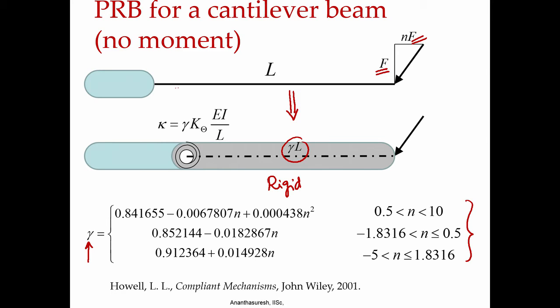That is, you do not take the rigid body as long as the elastic beam, but only take a fraction of it, which is controlled by this gamma. For various values of n, that depends on the force here, you have this approximation that was worked out by looking at elliptic integral solutions and also verified with finite element analysis for this large deflection, which is really nonlinear, but now we have a one parameter model here.